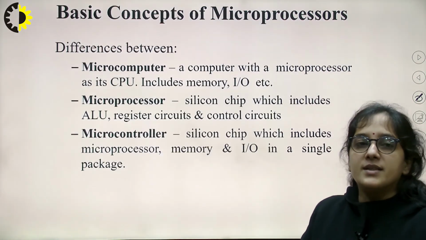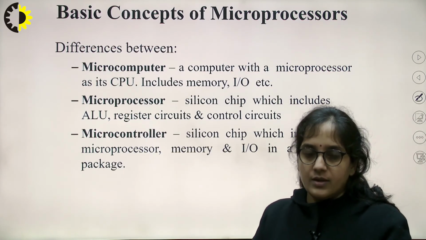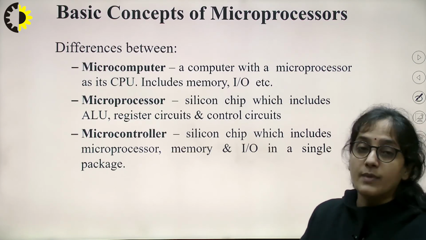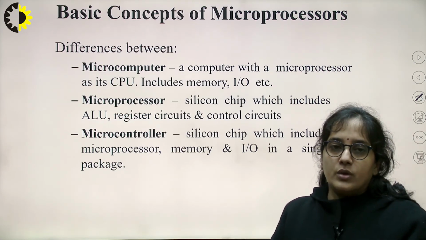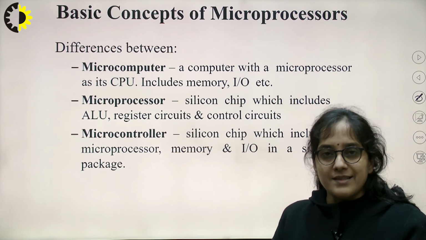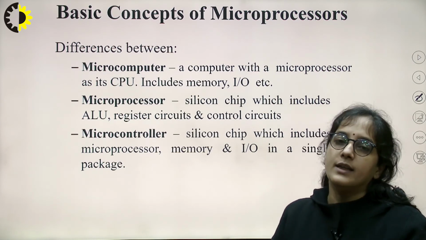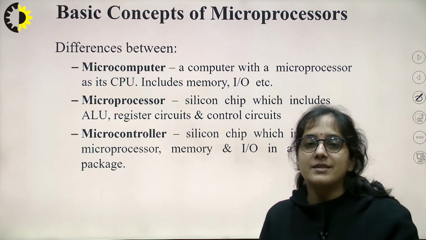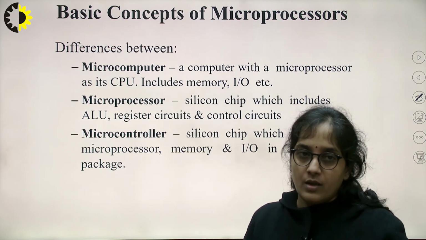Now, these are some basic concepts of microprocessor, or we can say the definitions which we are going to cover. First is microcomputer: a computer with a microprocessor as its CPU, which includes memory and IO devices. That whole system is known as a microcomputer.